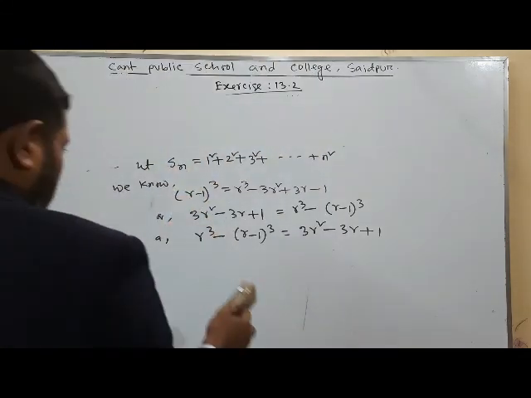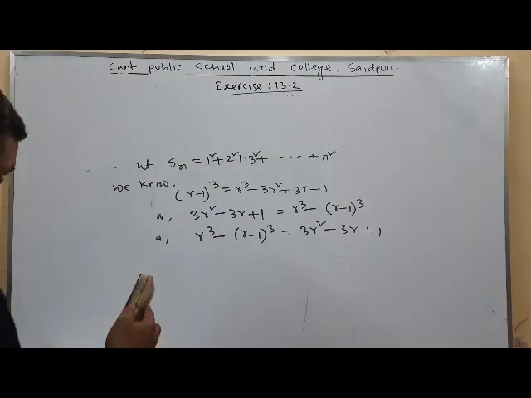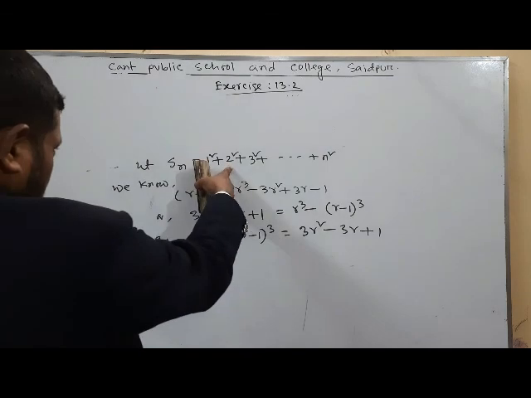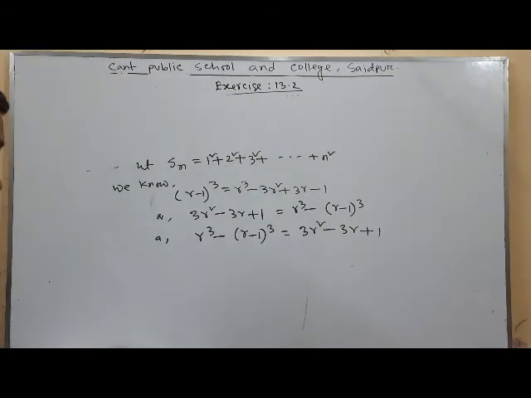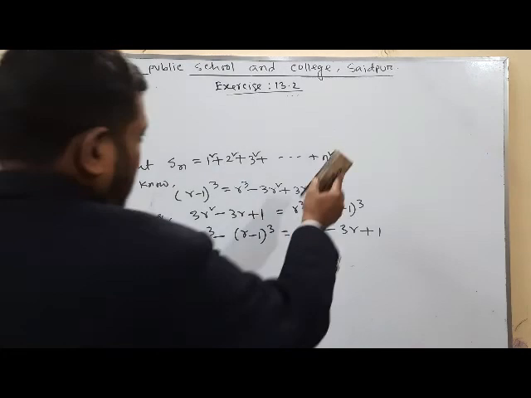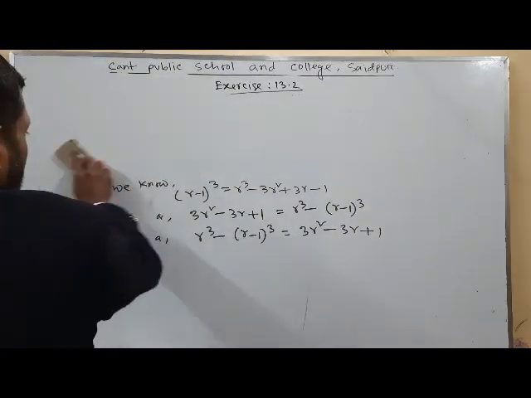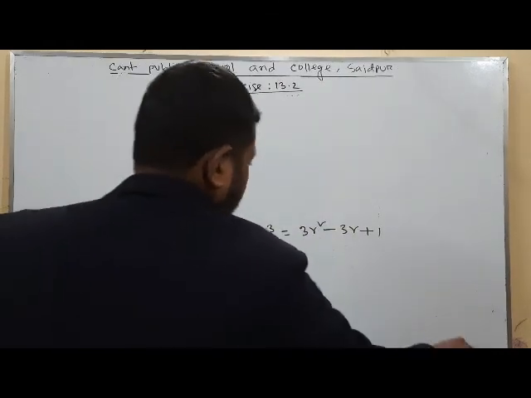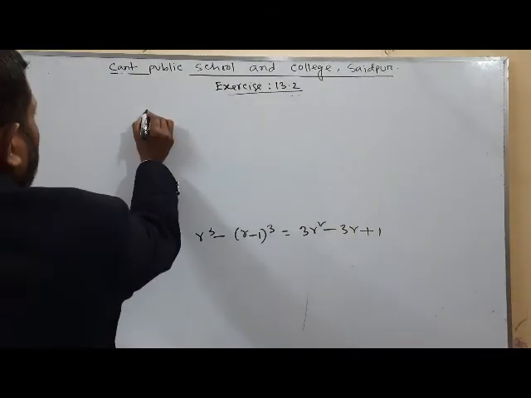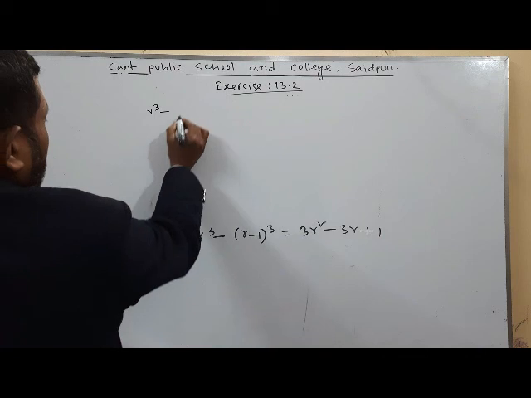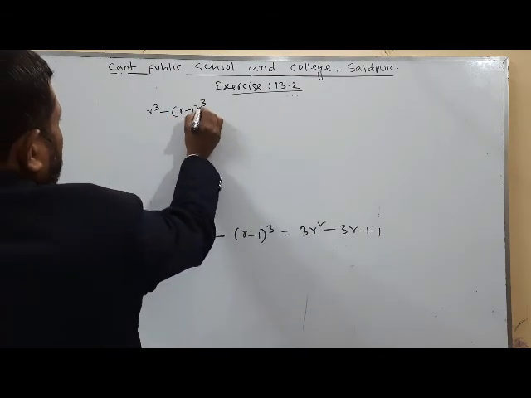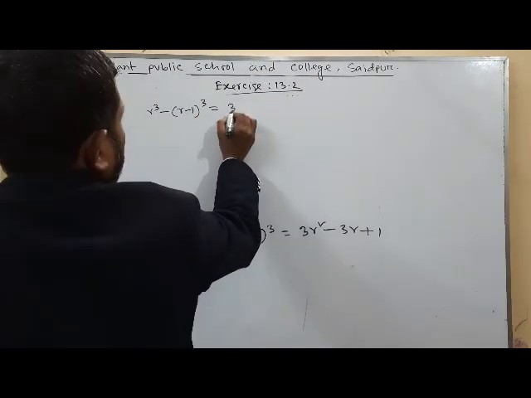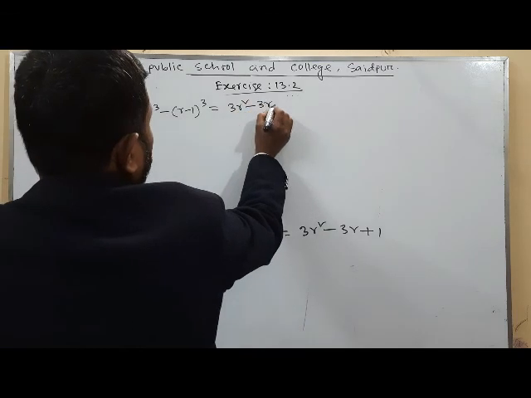Here, this is very important. Sn is equal to 1 square plus 2 square plus 3 square plus dot dot dot n square. This is needed to prove it. I am writing here r cube minus (r minus 1) cube is equal to 3r square minus 3r plus 1.